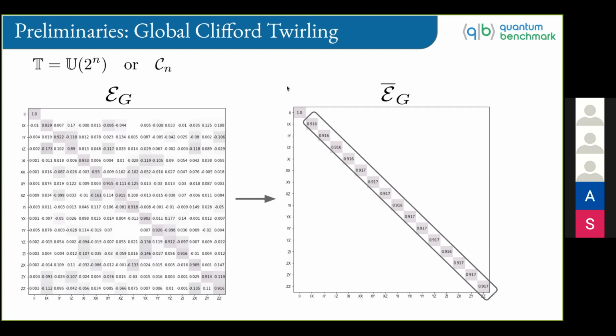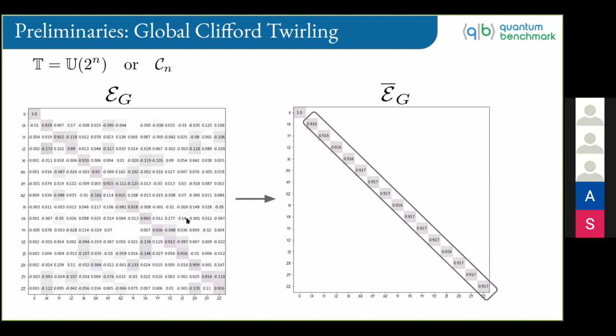One twirling group that became very popular around 2006 with the advent of something called randomized benchmarking was to twirl by all of the unitaries, or equivalently by something called the Clifford group. The Clifford group is a set of unitaries which has a number of nice symmetry properties.